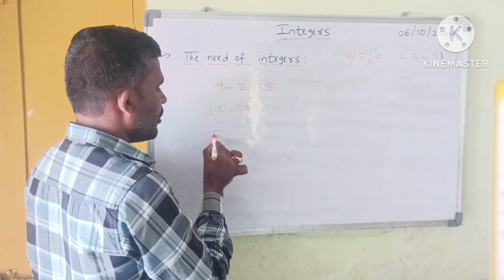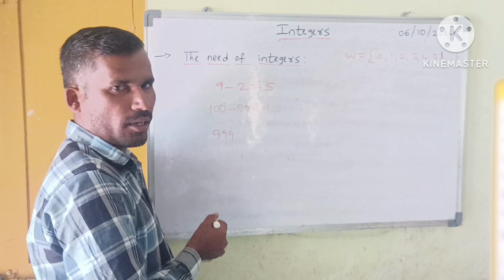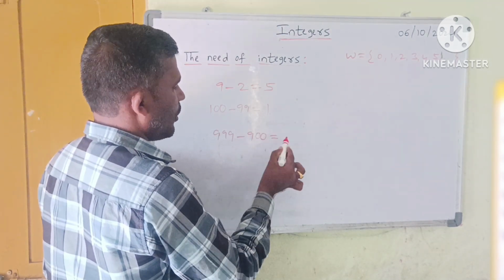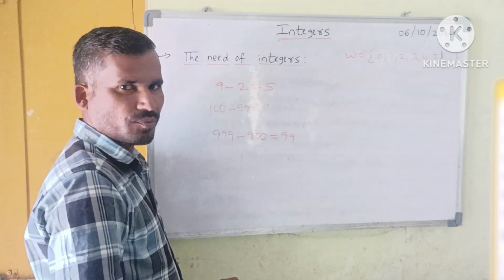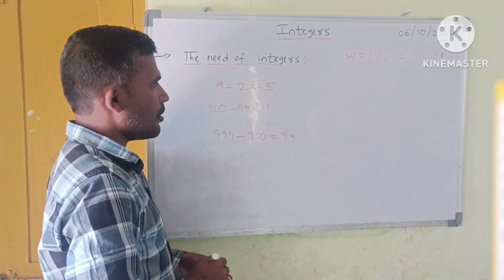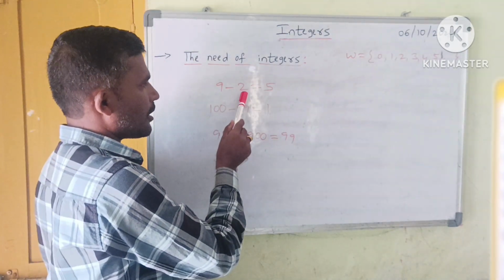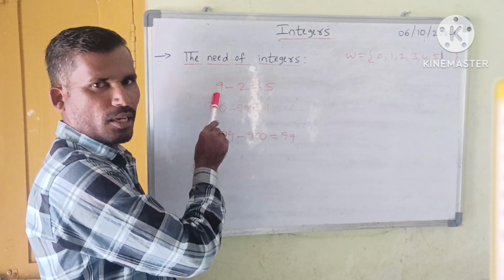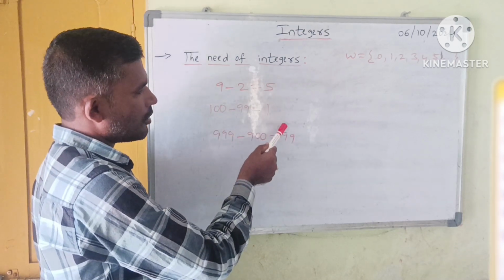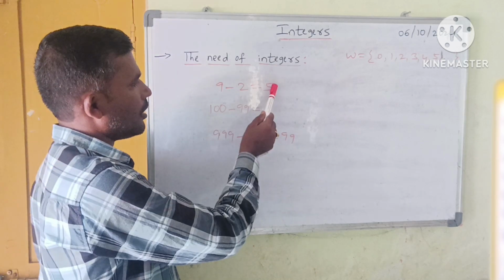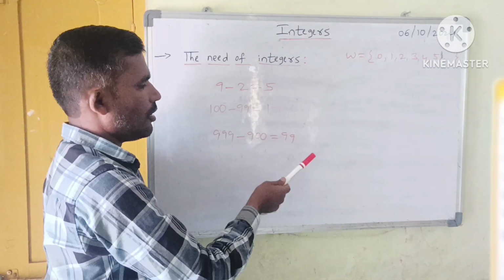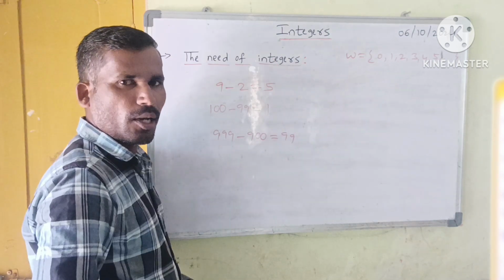And 999 minus 900 gives 99. That is whole numbers: when we subtract the smaller number from the larger number, we get whole numbers again. 7 is a whole number, 1 is a whole number, 99 is a whole number.